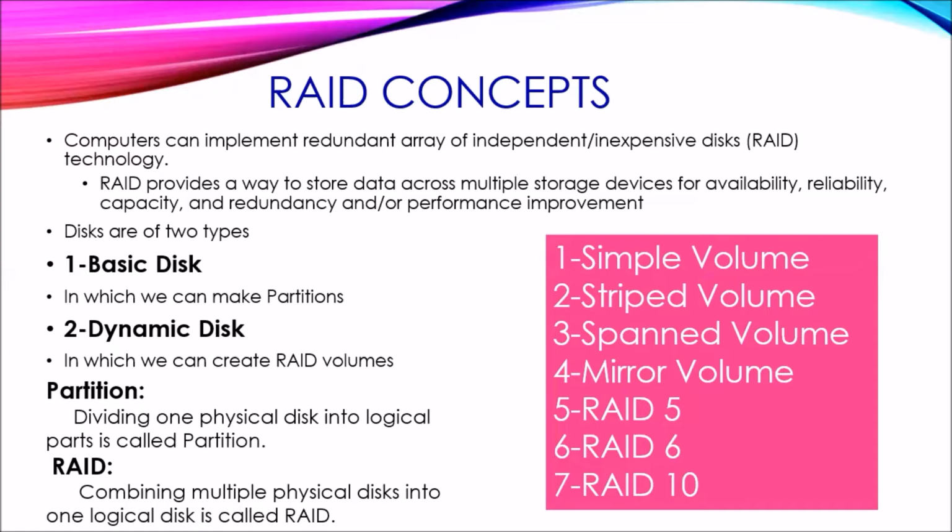Simple volumes are created when the type of disk is a basic disk, while special volumes or RAID volumes are used when the disk is dynamic. By using a dynamic disk, we can create multiple volumes: striped volume, spanned volume, mirror volume, RAID 5, RAID 6, and RAID 10.